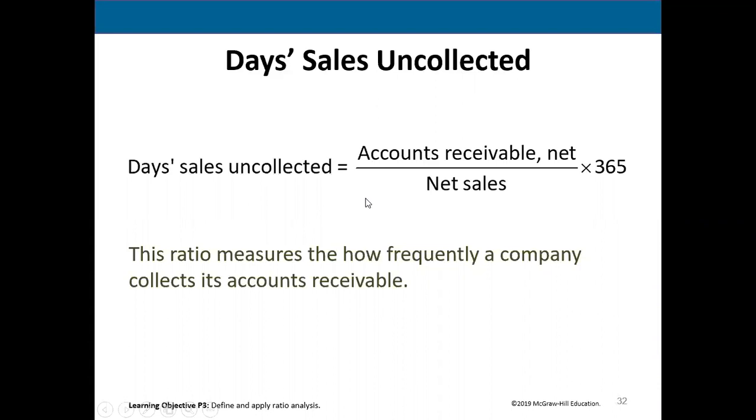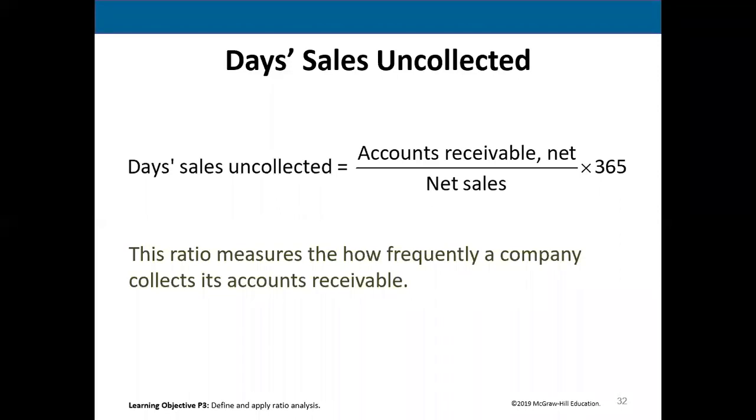How do you get that? Well, you could take accounts receivable net divided by net sales times 365. Or how I get it, take 365 divided by your accounts receivable turnover.